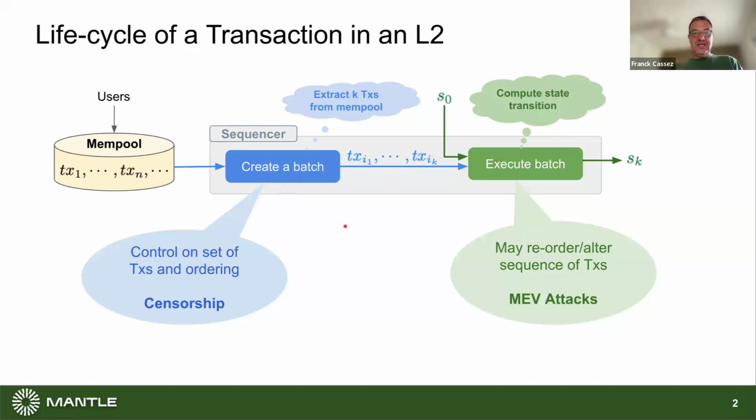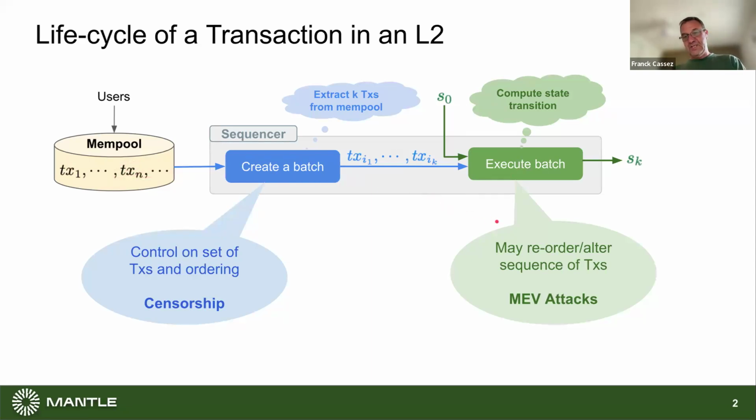So what can happen here is that the sequencer is a centralized sequencer. Of course it's got full control on the transactions it's going to extract from the mempool and on the order of transactions when they are executed in the module that executes the sequence of transactions. One thing that can happen is the sequencer can censor some transactions, so never take them out of the mempool and never execute them.